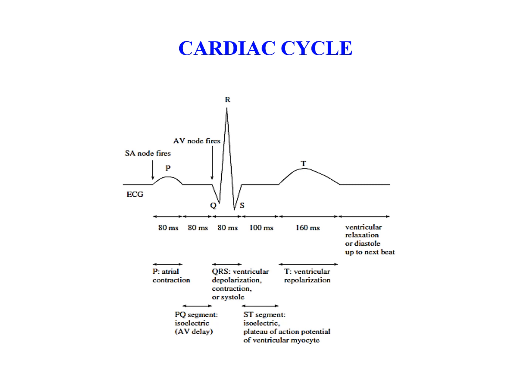The ST segment is isoelectric and is the plateau of the action potential of ventricular myocardium. T means ventricular repolarization and ventricular relaxation or diastole up to the next beat. This is called the cardiac cycle. The next beat is automatically generated in the ECG waveform, and the SA node and AV node are noted.